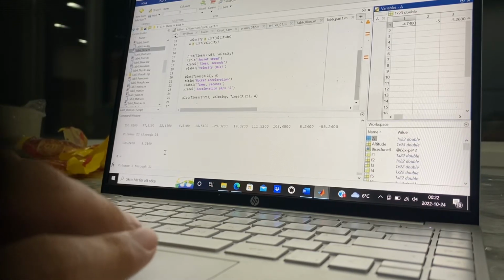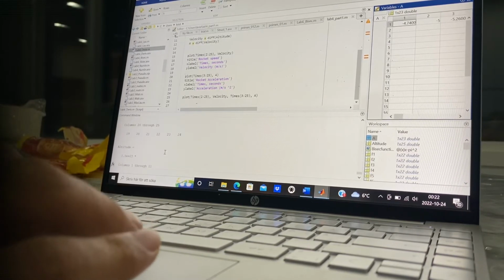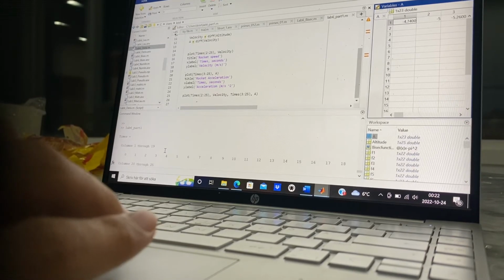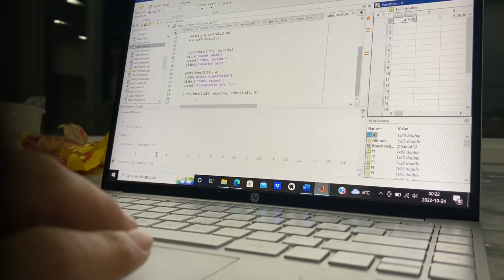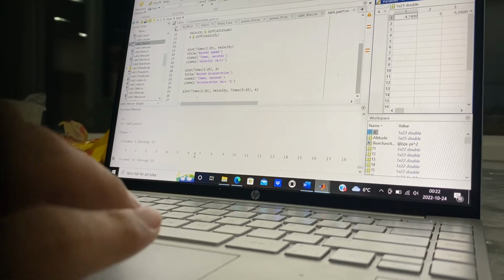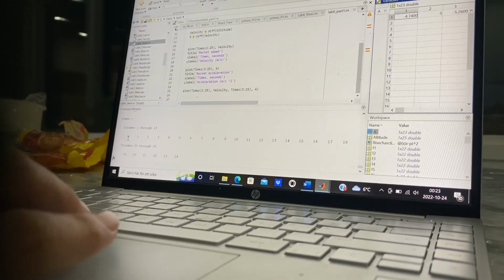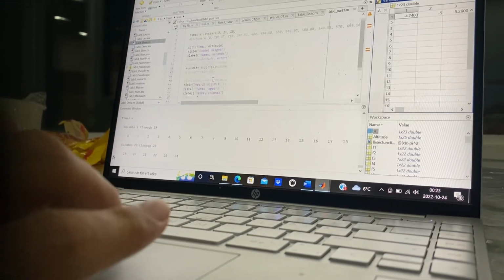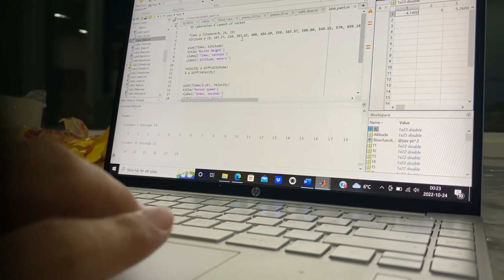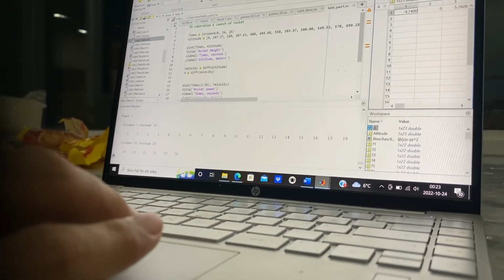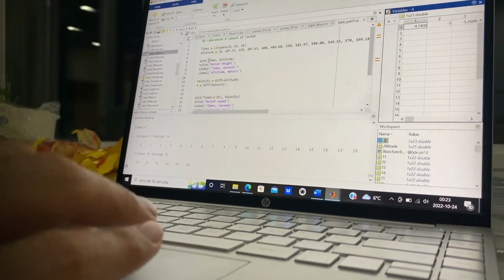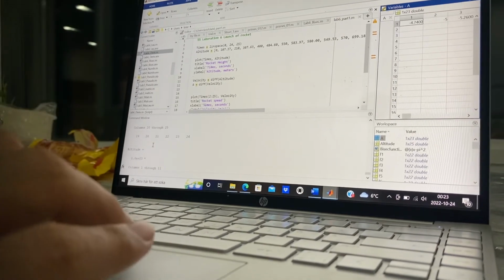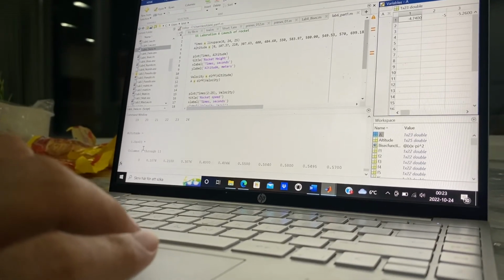If we take a look at what we got in the beginning, here we can see the times from 0 to 24. I used linspace instead of writing all of them, so it gives me 25 numbers between 0 and 24. And then the altitude is here, as you can see.